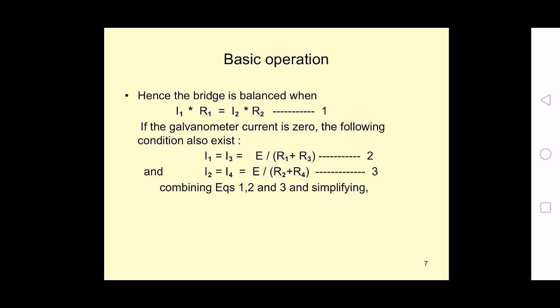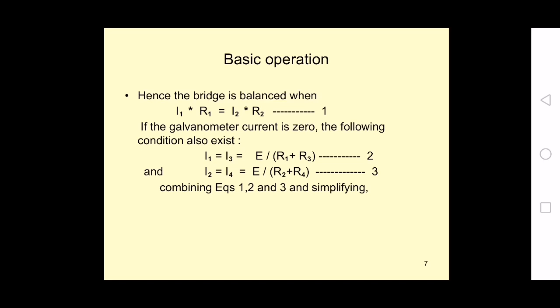Then I1 and I2 currents flow through R1 and R2, and the bridge is said to be balanced when there is no current through the galvanometer, or when the potential difference between points C and D is equal, that is, the potential across the galvanometer is 0.